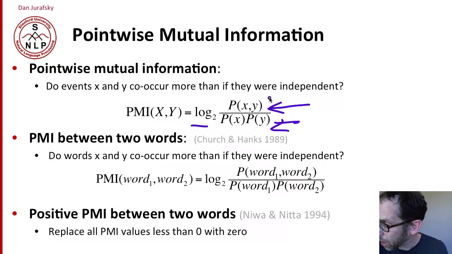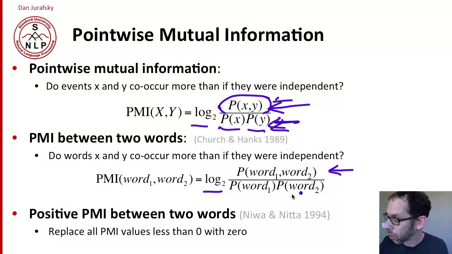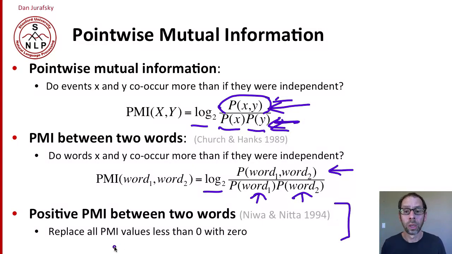So you can see that if the two things occur more often than you would expect by chance, more often than you expect by independence, then the numerator will be much higher than the denominator. So between two words, the pointwise mutual information is the log of the probability of the two words occurring together divided by the product of the probabilities of the two words occurring independently. And positive PMI simply replaces all the negative values with 0.